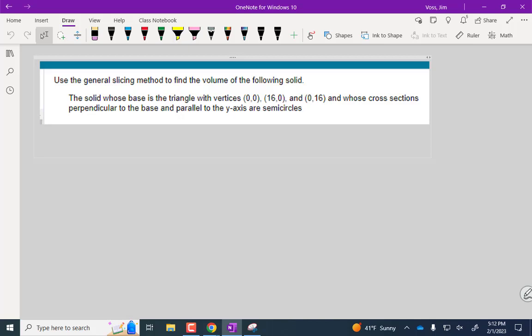Okay, so here we have a triangle. Let's draw a picture of this triangle. That's going to be our base. And that's a terrible triangle because that should be an isosceles. And the cross sections are parallel to the y-axis and they are semicircles.